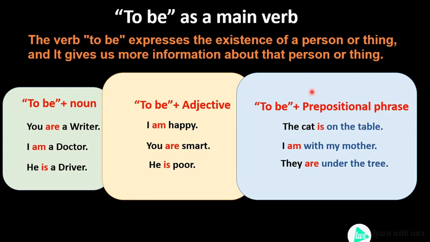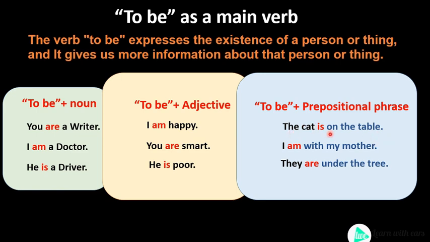You might be thinking, what is a prepositional phrase? A prepositional phrase is a combination of a preposition and a noun. On is a preposition and table is a noun. With is a preposition and mother is a noun.